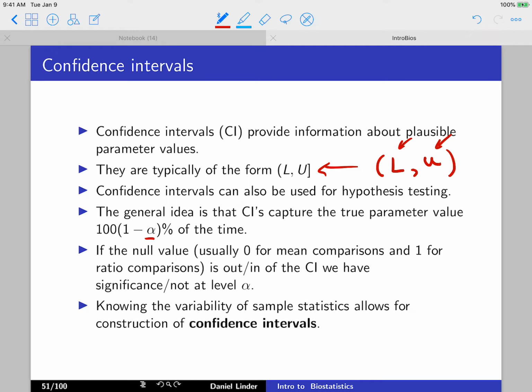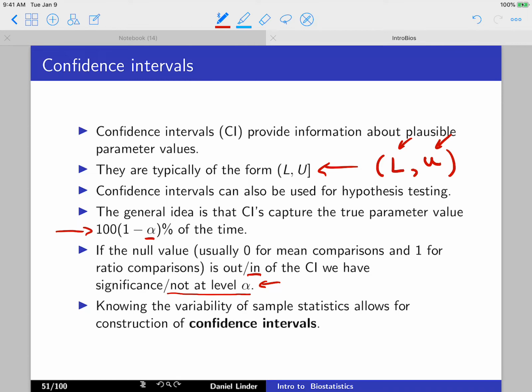On the other hand, if the null value is in the confidence interval, then the null value is a plausible value, so you would not reach significance at level alpha. We're going to discuss this in more detail later on, these terms alpha and this confidence level that I've written here.